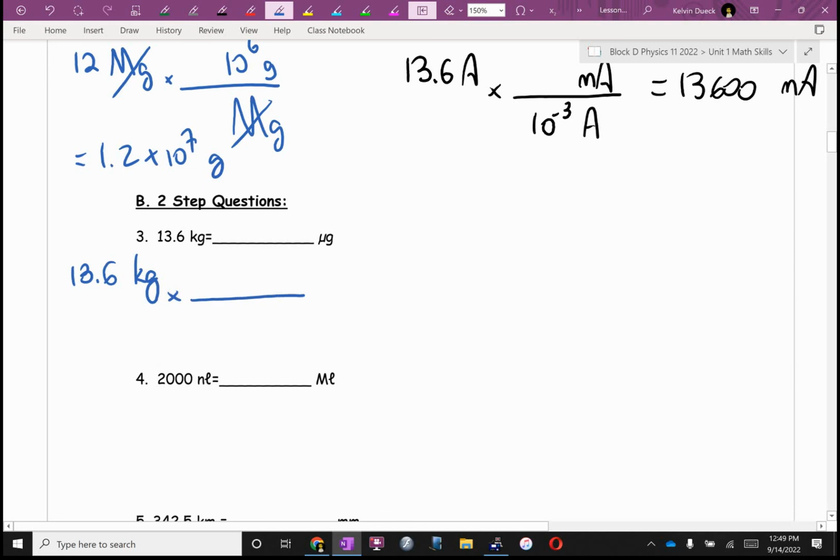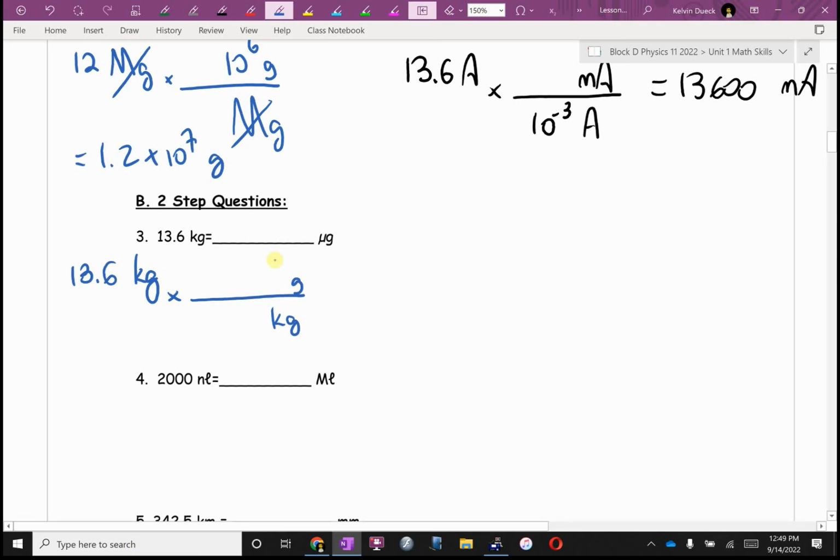Okay, Gibson, what am I going to put on the bottom? Yep. What am I going to put on the top? Not micro yet. I'm not dealing with that. I'm just getting rid of kilo. Plain old grams. And kilo is 10 to the... It's on your green sheet. Where's the 10 to the 3 going to go?